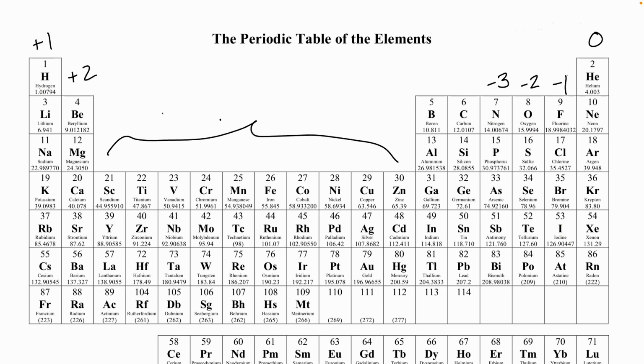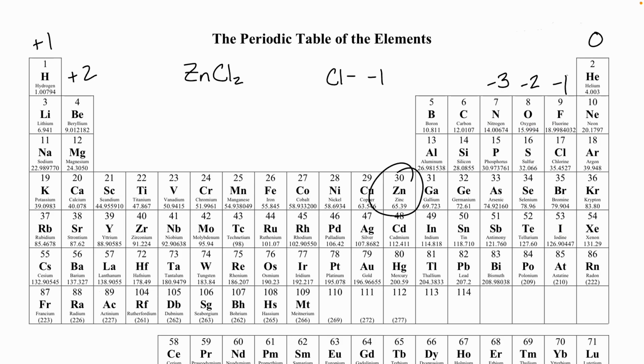Okay, so based on where an element lives on the periodic table, we can figure out what its charge is. All right, so let's just take that first example. Zinc chloride. All right, one of these elements, right off the bat, I can tell you what its oxidation number is based on where it lives on the periodic table. What is that? Which element? The chloride, right? So I know my chloride is -1. Okay? My zinc is a transition metal. I can't tell just based on where it lives on the periodic table.